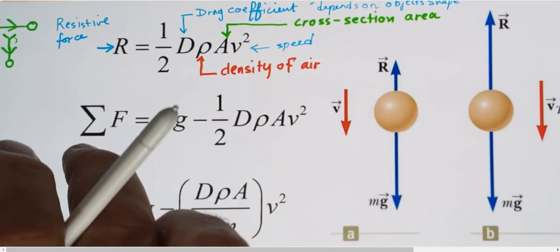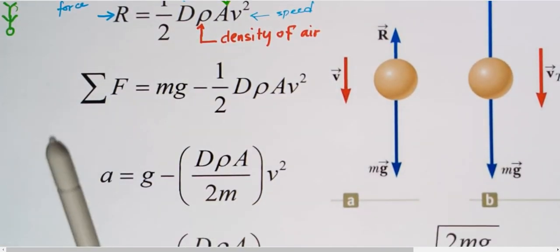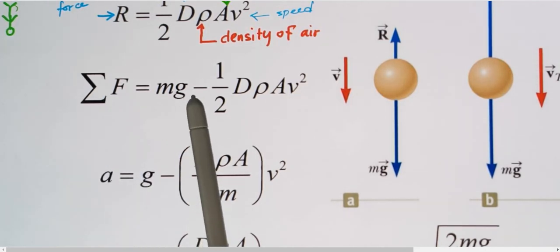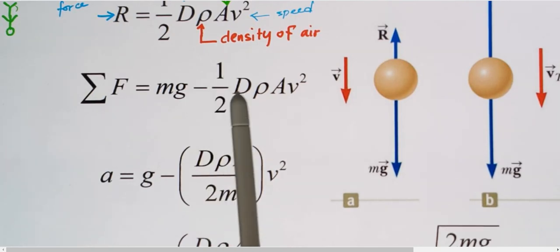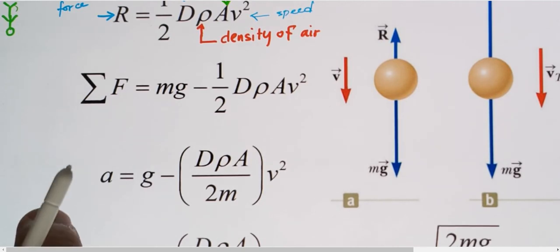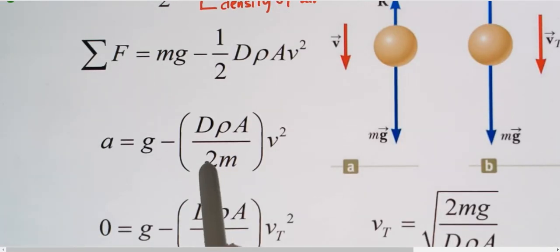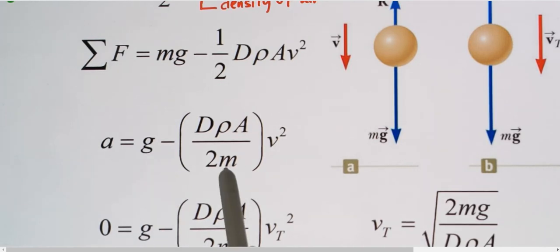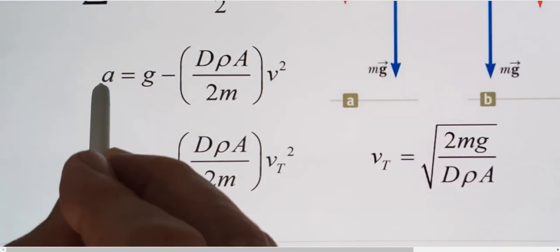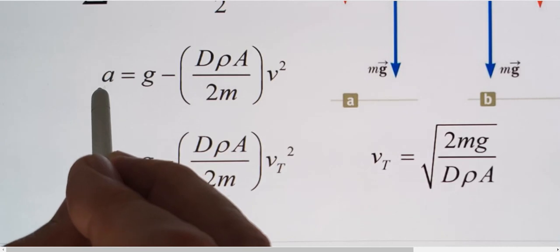Okay, let's do the same thing. Net force is equal to mg minus the resistive force, which is half D rho A v squared. We just reorganize the equation, so we get a alone, as we did previously, and at terminal speed a is equal to 0, so net force is equal to 0.